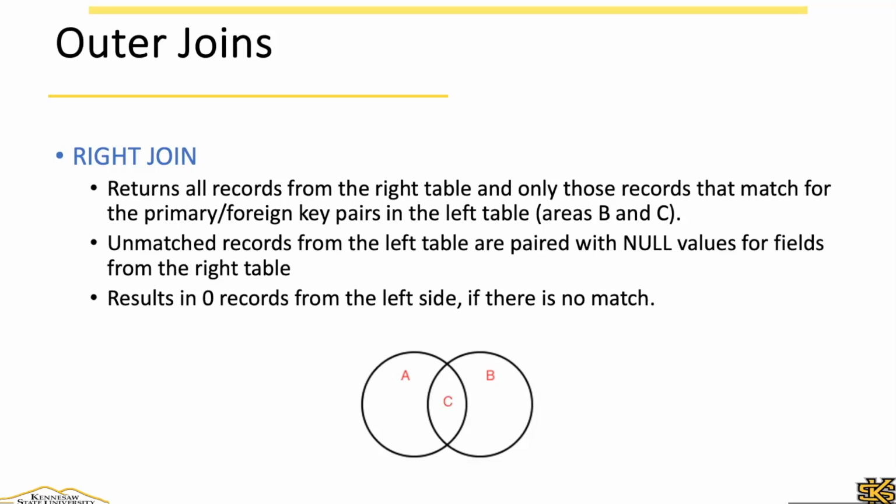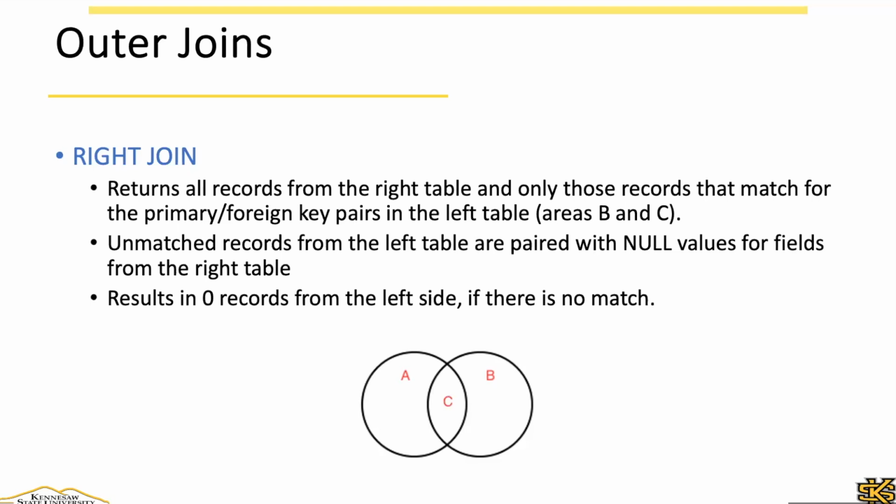It returns all the records from the right table, table B, along with only those records from the left table, table A, that match the primary foreign key pairs. So the result will include area B, which is the records that exist only in the right table, and area C, which is the matching records from both tables.